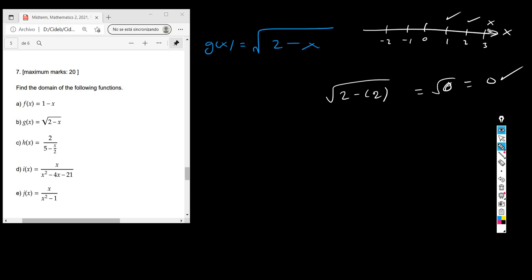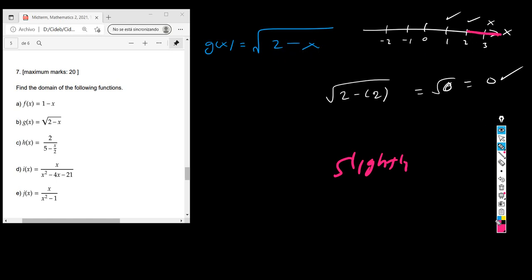But not just from 3 onwards, but any number starting from 2 onwards, all of these values slightly larger than 2, anything above 2 will crash this function.